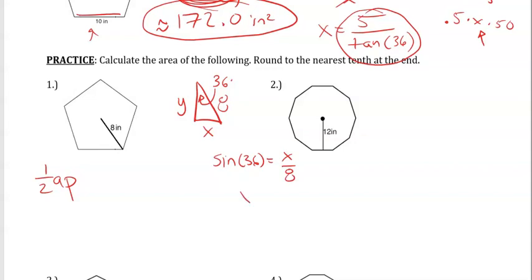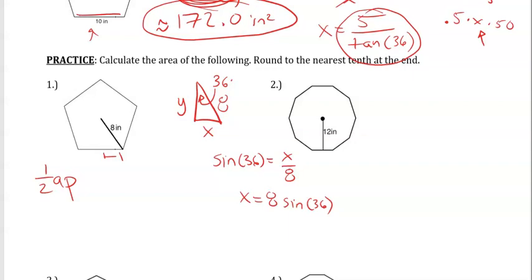Which means our x value, half of the side, is 8 sine of 36. We know what half of the side length is, and we'll deal with that in just a second. But I want to find out what y is now. If we ignore the x, y and the 8 are adjacent and hypotenuse.